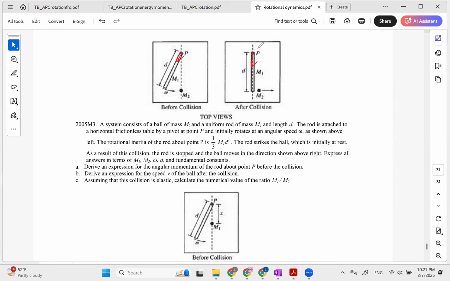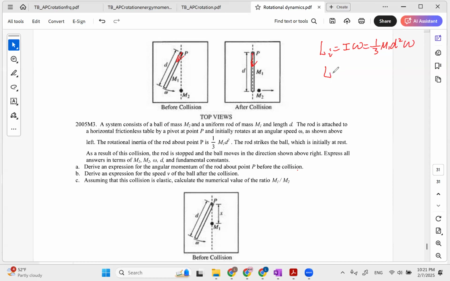So angular momentum is conserved, but linear momentum is not conserved, right? So you can find A, right? A initial will be I times omega, which is 1/3 m1 d squared times omega. Initial angular momentum, right?